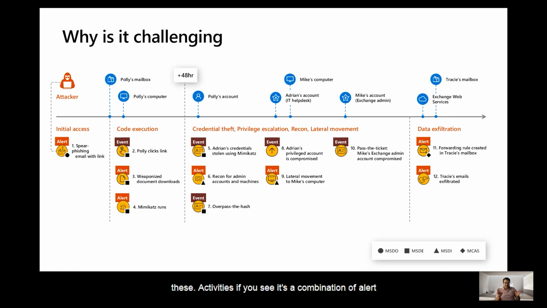Now, all of these activities, if you see, are a combination of alert insights coming across multiple security solutions, if they are not integrated, and there are also events happening, I mean, events which have not reached an alert stage, but definitely are being noticed.